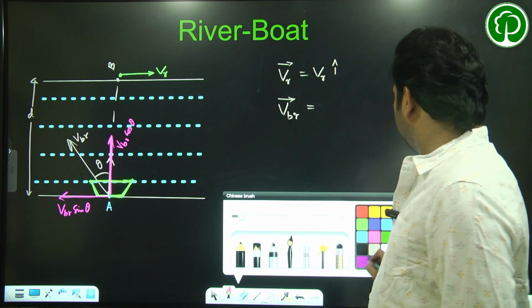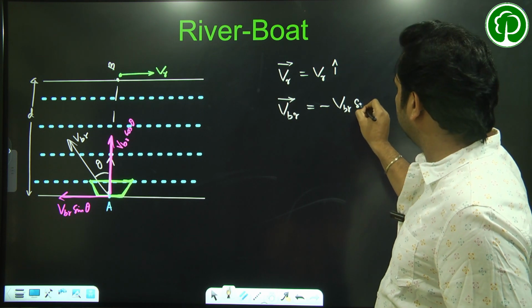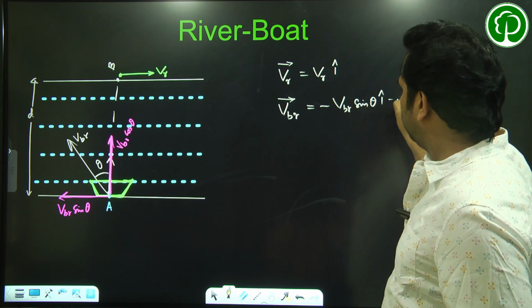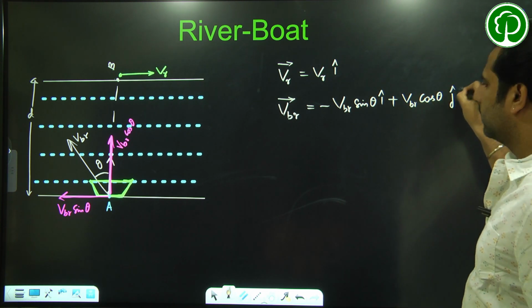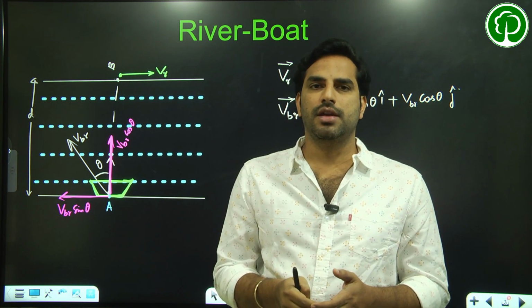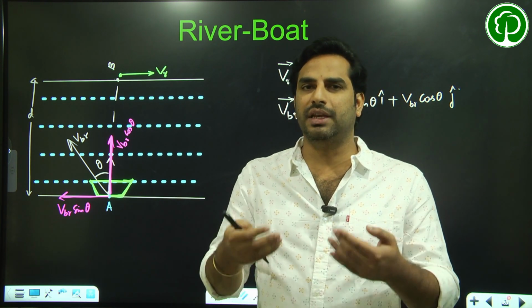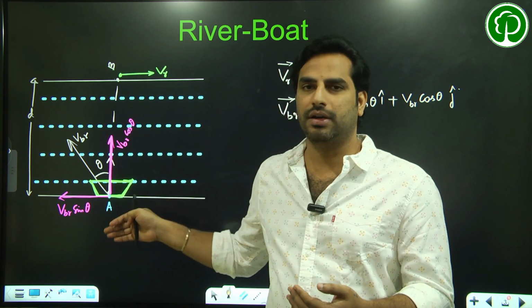So the VBR vector is minus VBR sin theta i cap plus VBR cos theta j cap. In this problem, we know the relative velocity and we are trying to find the absolute velocity, in the sense, the velocity of the boat as seen from the ground.